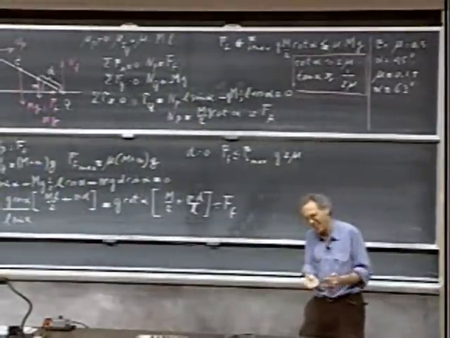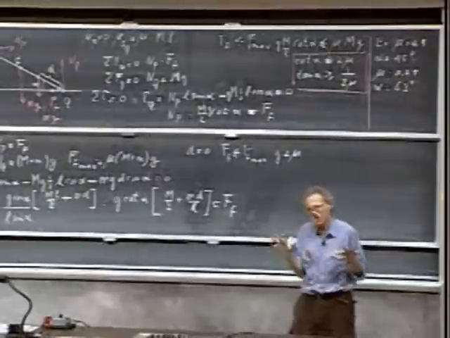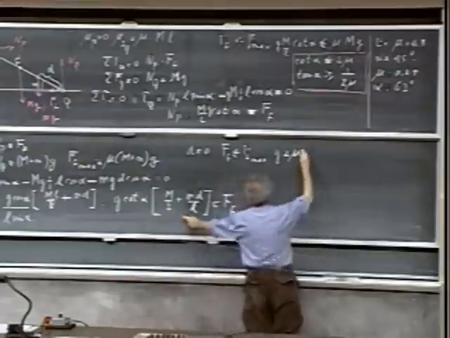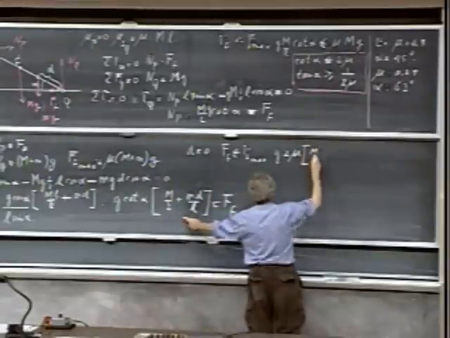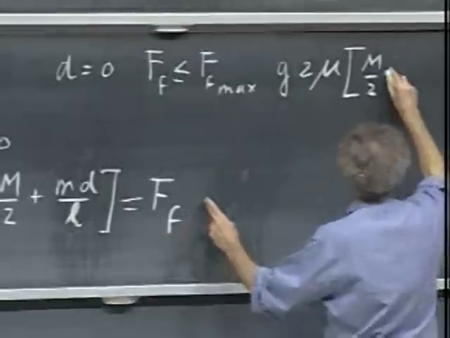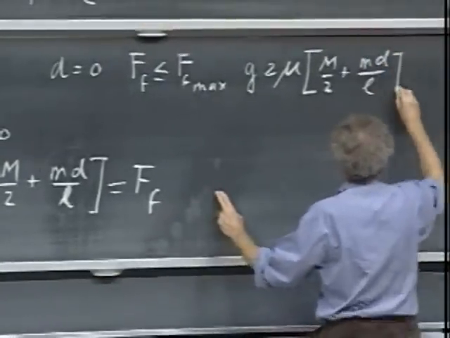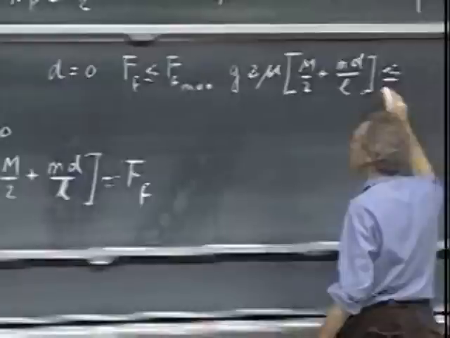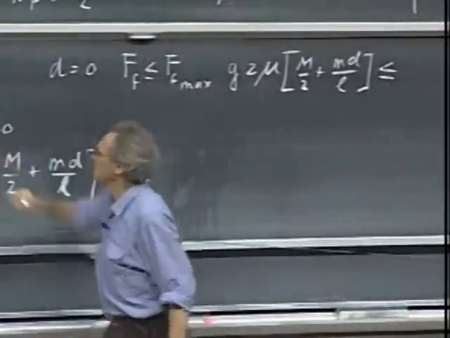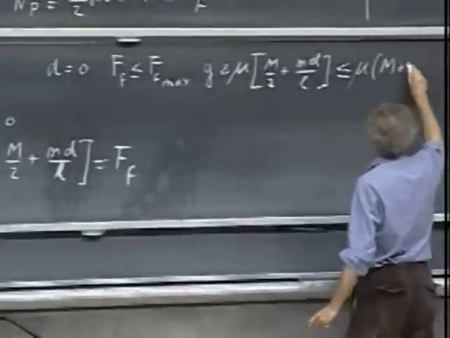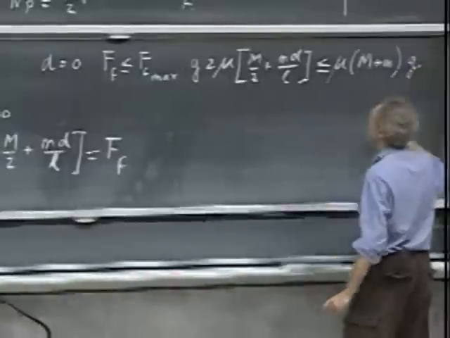I start exactly at the angle so that the ladder is sort of just hanging in there. So cotangent alpha is 2 mu, M divided by 2, plus little m times d divided by L. This now has to be less or equal to this value: mu times (M plus m) times g.